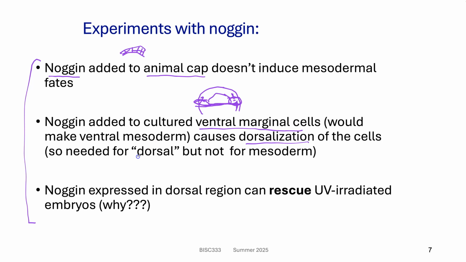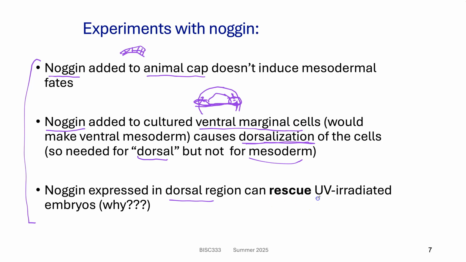So that means that it's needed to specify dorsal fates, but not mesodermal fates. Once the mesoderm has been specified by other signals, nodals and some of the others that we talked about in a previous lecture, then noggin layered on top of that in the organizer region will cause dorsalization. And if noggin is expressed in the dorsal region, it can rescue UV irradiated embryos.